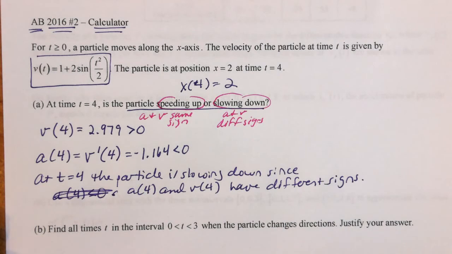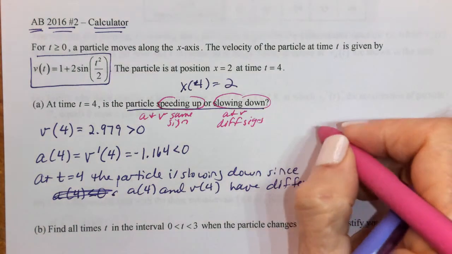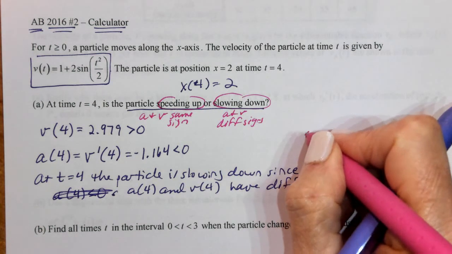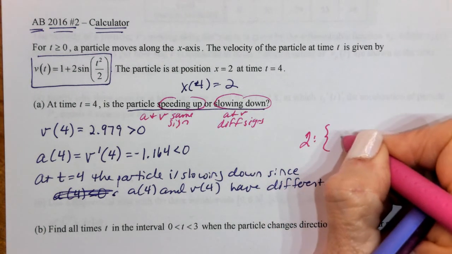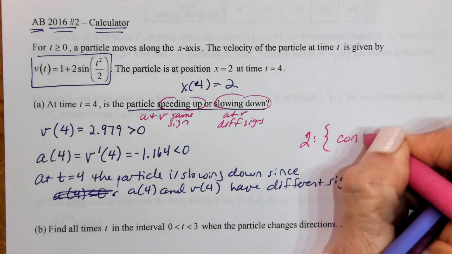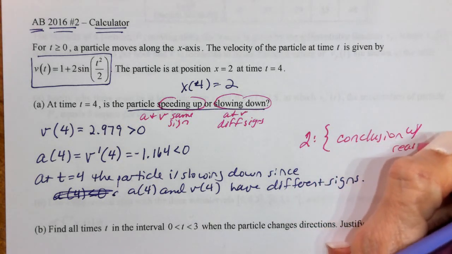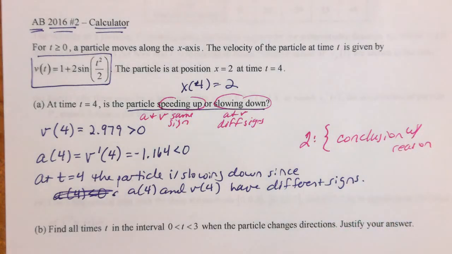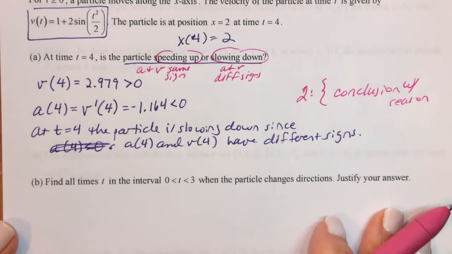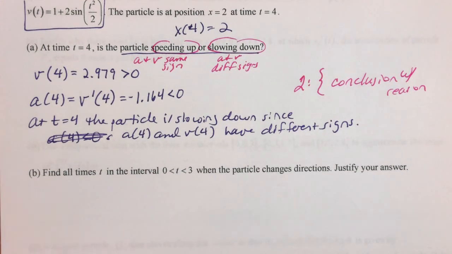Okay, that's my justification. So this was worth 2 points for the conclusion with reason. Now again, for you guys, this particular question will be a multiple choice, but it's good to know the reason, how to write it and stuff.